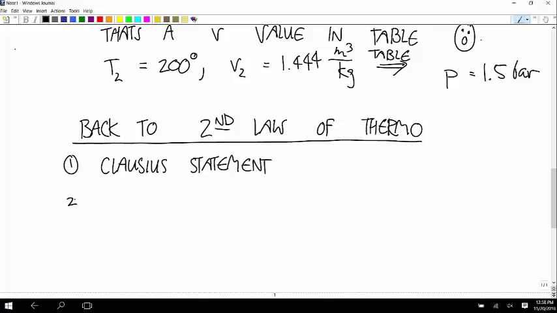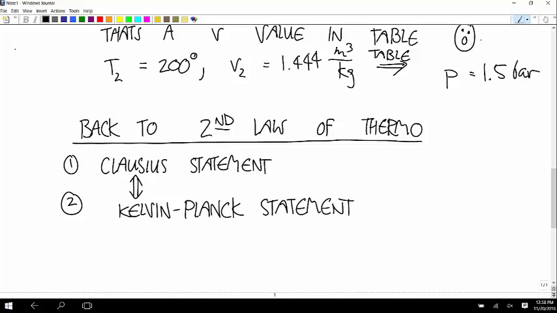But you can prove that the Clausius statement is equivalent to the Kelvin-Planck statement. And that opens up a little more kind of mathematical power. So the Kelvin-Planck statement is used in a lot of the proofs later on. And the Kelvin-Planck statement is the one that we're going to eventually turn into the entropy statement.